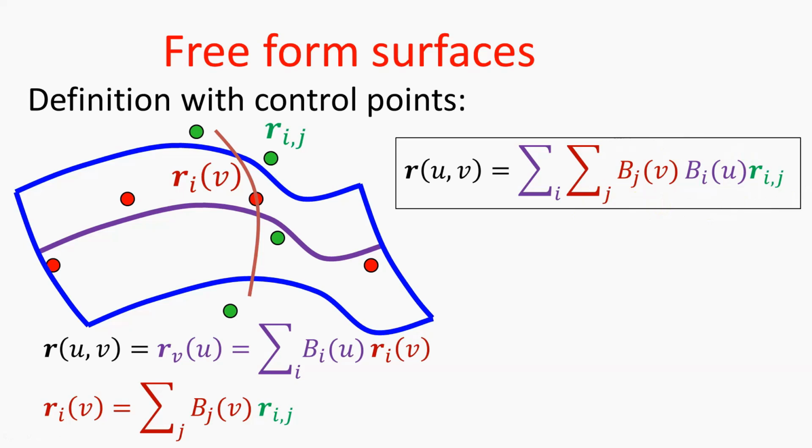So if we use, for example, the Bernstein polynomials as weighting functions, we will get Bezier surfaces. If we use the Lagrange weighting functions, then we can get Lagrange interpolation surfaces. In fact, all properties of the curves are automatically inherited by the surface if we use their weighting functions.